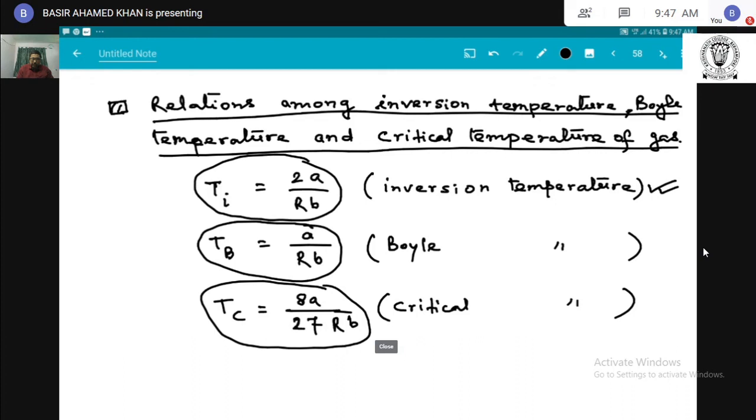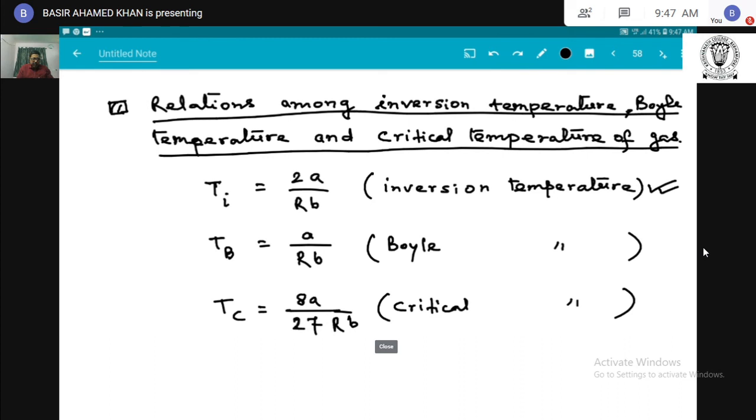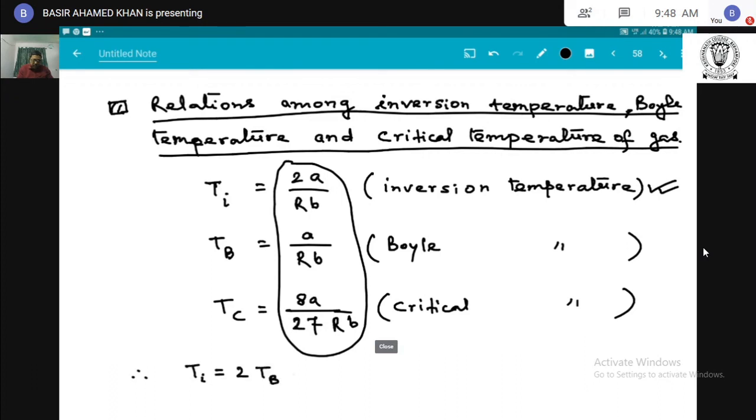Now the relations among these three. From here we see a very simple relation: Ti equal to 2TB equal to 27 by 4 TC.